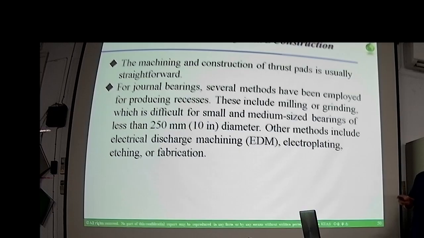So for the manufacturing of the hydrostatic bearing or aerostatic bearing, for the thrust bearing it's easier. Okay, for the journal bearing it's a bit difficult, you know, for the dimensional tolerance control.